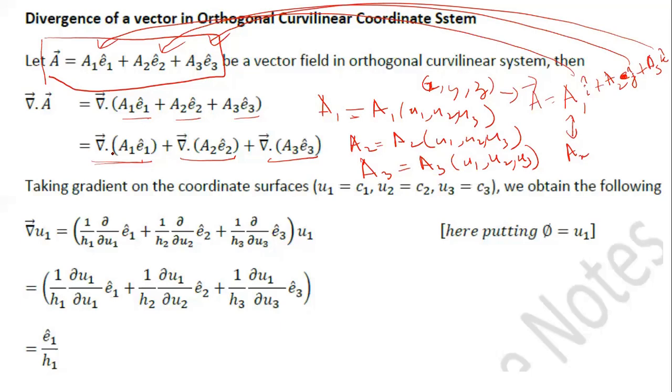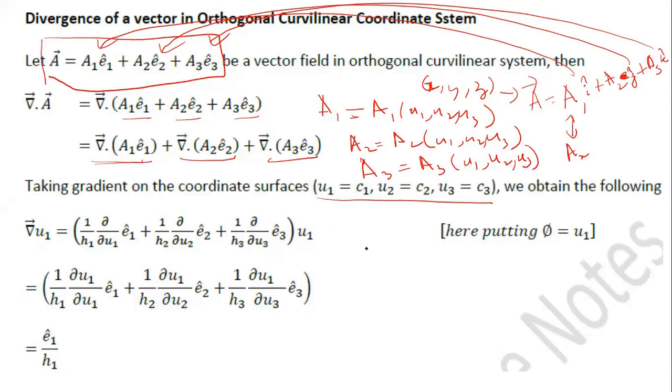Now, we can consider the coordinate surfaces that I already discussed: U1 equal to C1, U2 equal to C2, U3 equal to C3. And we can take a gradient on that. So gradient of U1 will be, see here, your gradient formula is this.